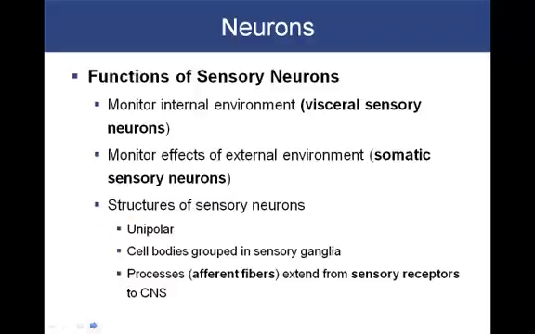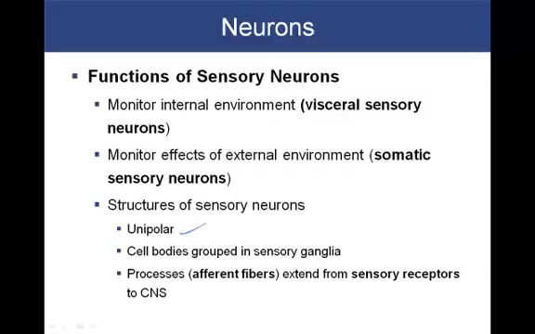Sensory neurons monitor the internal environment as well as the external environment. And these neurons tend to be unipolar. The cell bodies tend to be grouped in little enlarged structures known as ganglia.